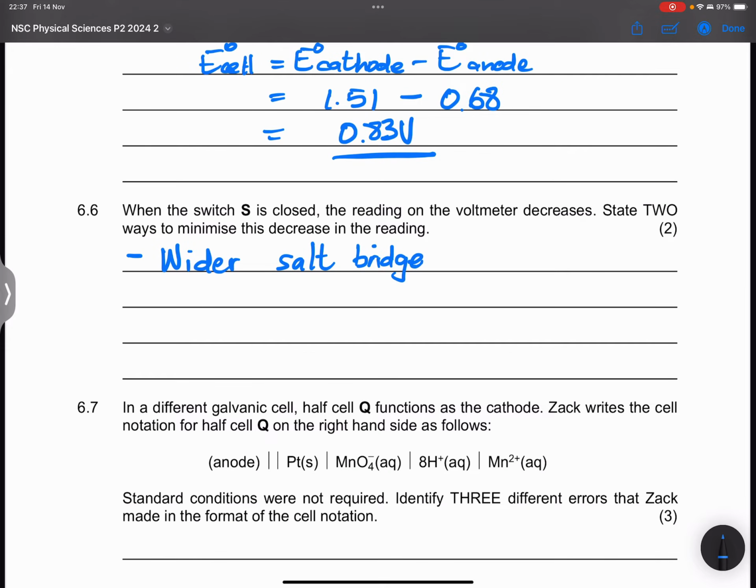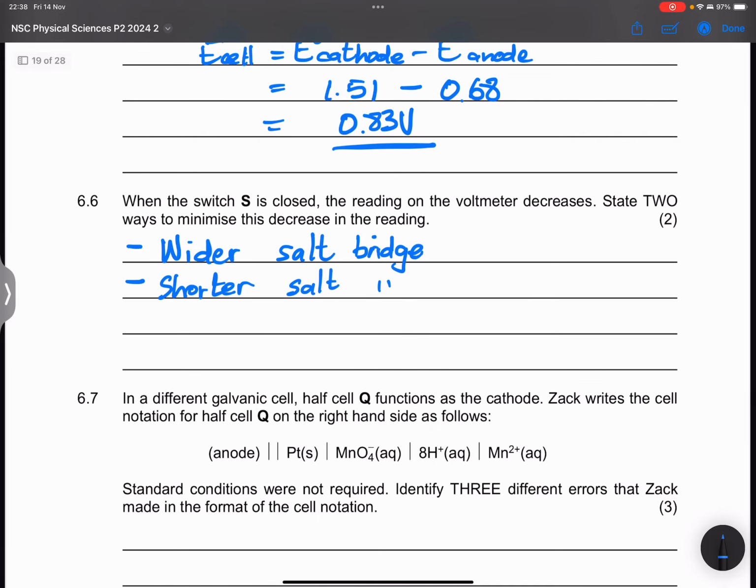Or they said we should suggest two. Okay, we can also use a shorter salt bridge just to minimize those losses. And you can also use bigger electrodes, right?